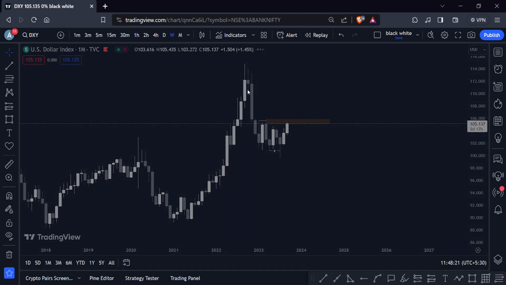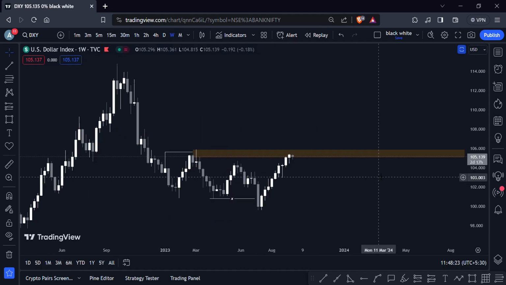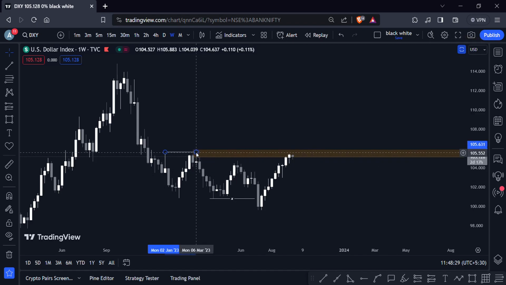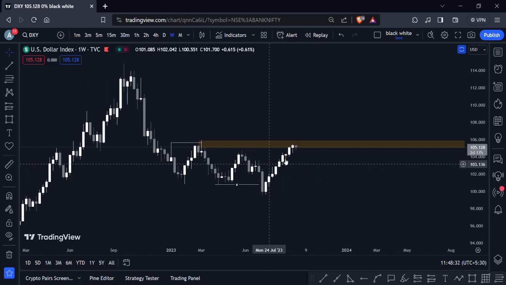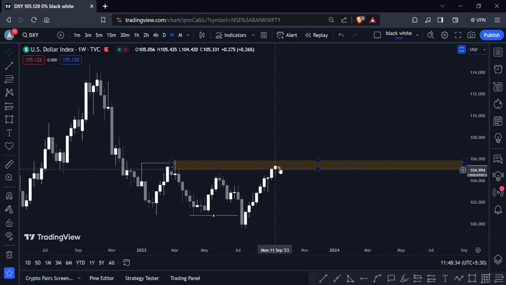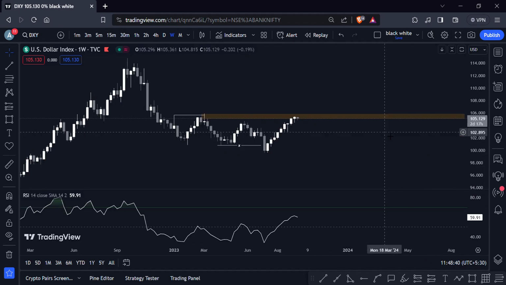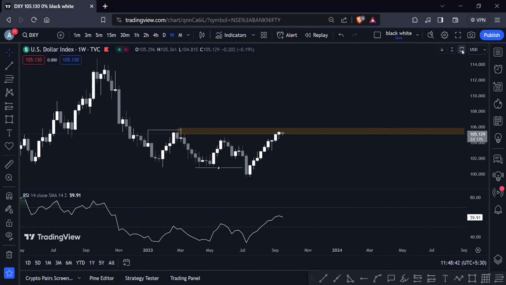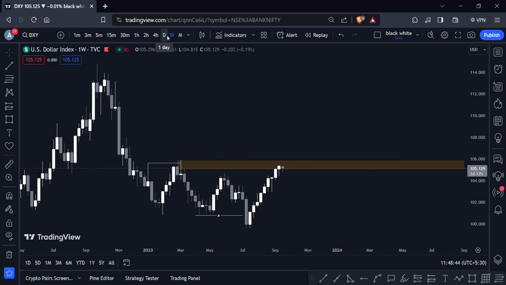Okay, so when we switch back to the weekly time frame, we have this strong high over here, and the price has not broken the high of the previous week. So we still have 2 days left, and it is kind of bearish for me.